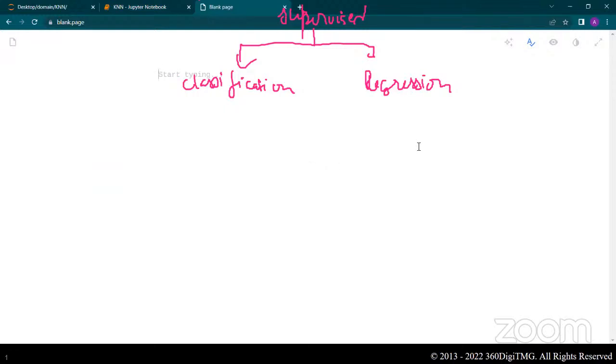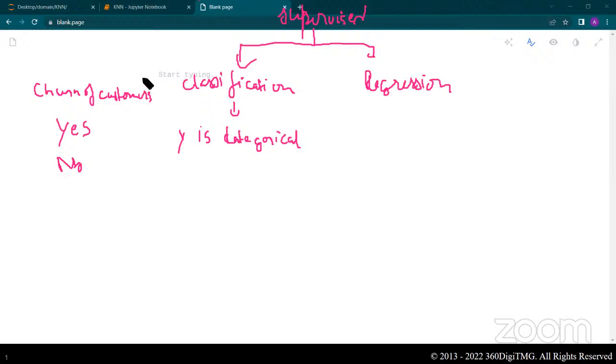Now, what is the key point to remember here? In classification, the y is categorical. Let's say I am collecting some information about churn of customers. If I say, will the customer order again, yes or no, this is where we use a classification technique.